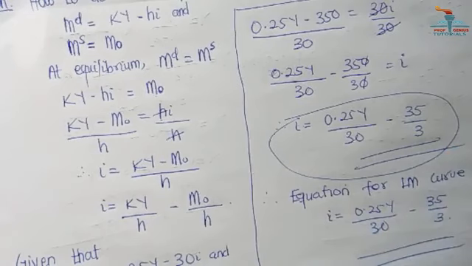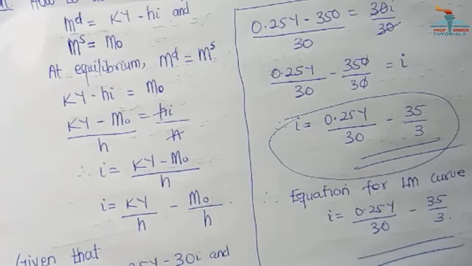Thank you very much. In our next tutorial, we are going to combine both the IS curve and LM curve, so we call it the IS-LM model, to find our equilibrium national income and equilibrium interest rate. Thank you very much.